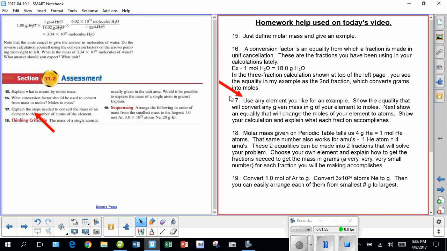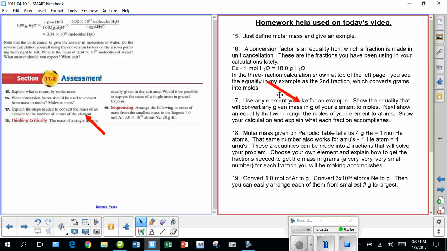Now, in number 17, we're asked to explain the steps needed to convert the mass of an element to the number of atoms of the element. And as you know by now, that is the three-fraction type problem. So any element you like, you can use for an example.